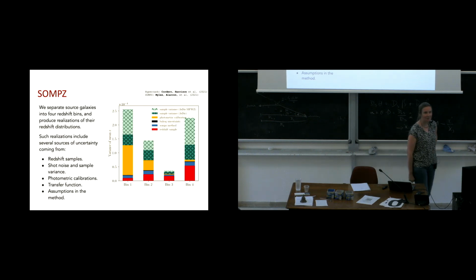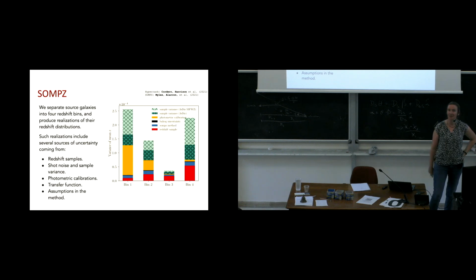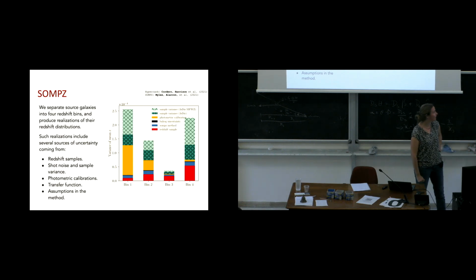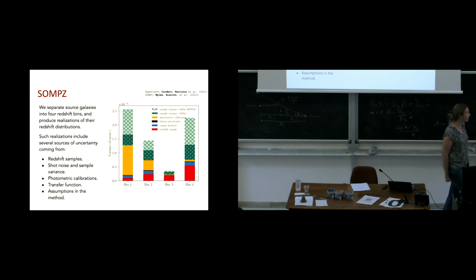So also as a guide, as information for future surveys, we really drilled down what's important, or what's the limiting systematic. In particular, we looked at the sample variance, that is the limited number of redshift samples, shot noise, photometric calibrations, this transfer function or image injection process, and general assumptions in the method.